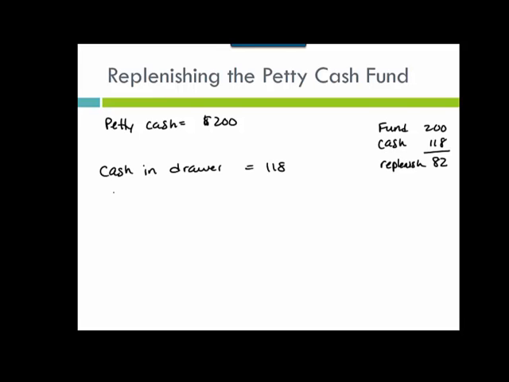So I have a bunch of tickets, and they all add up to $80. Okay, and so the total accounted for, the cash plus the tickets, is $198, but the petty cash fund is $200, and so that means I am short $2. Okay.